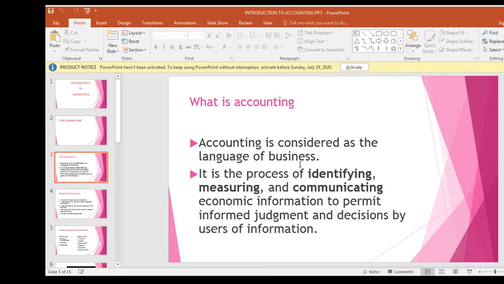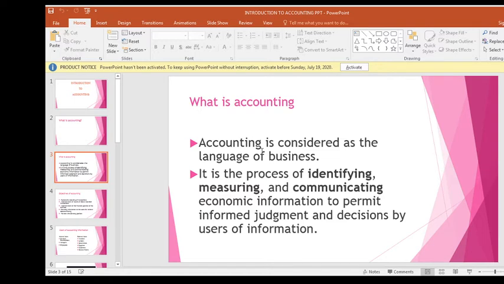That is to say, if anybody wants to know how the business is performing, they will just look at the financial statements or the accounting statements prepared by that particular business. And that is where this definition came from.